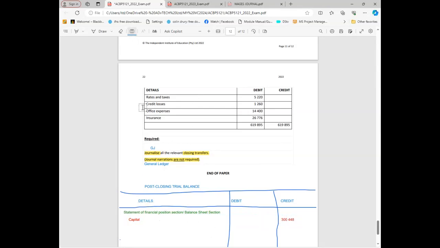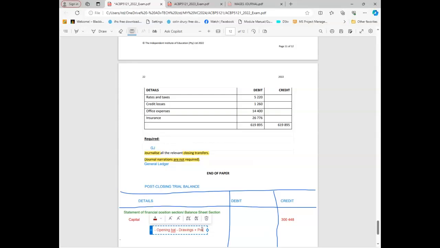Remember, we had a formula here. For the capital, we took the opening balance, and then we deducted drawings and we added the profit.